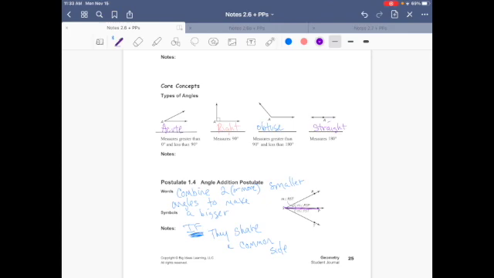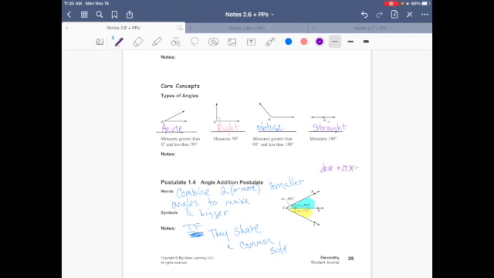So what I'm saying is, why don't I take this angle here, that would be RSP, and I can take this other angle here, that would be TSP, and we can add those together. So I can say angle RSP plus angle TSP.